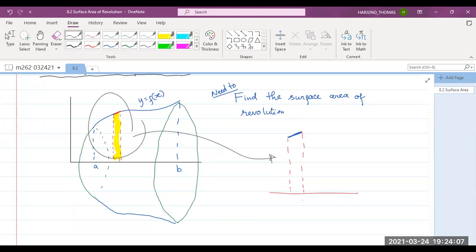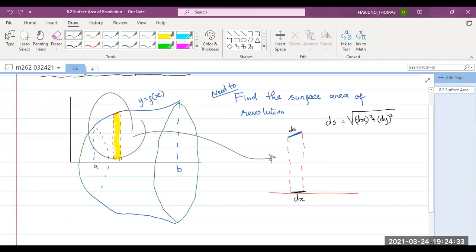So you see that the base here, the thickness is dx. Now this is not dx, this is ds, where ds is the square root of dx squared plus dy squared, the differential notation.